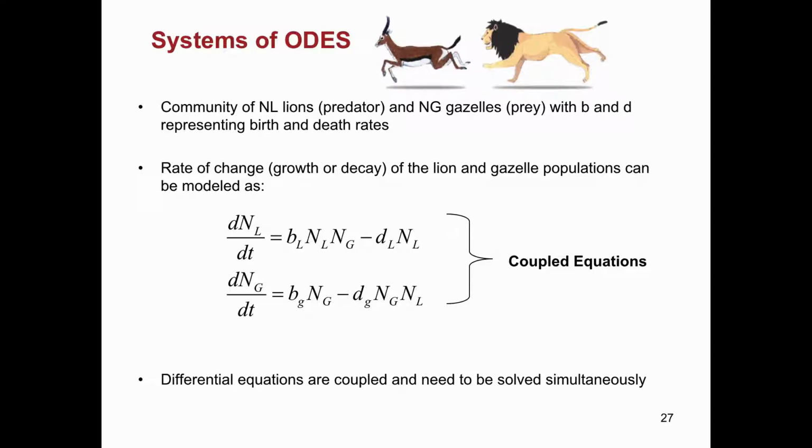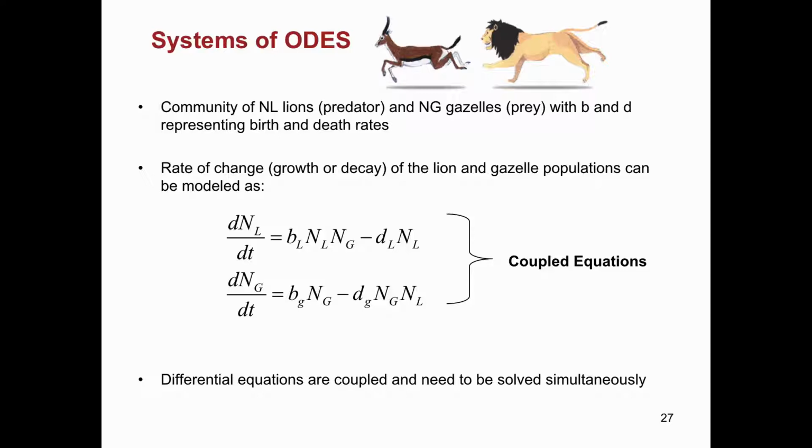In that system, I have the number of lions and how much food they have, that's the number of gazelles, times a birth rate. That's what gets the population growing, and what gets it reducing is simply the death rate of lions. If I had people here, I would also have minus a people killing rate, of people coming and killing the lion.